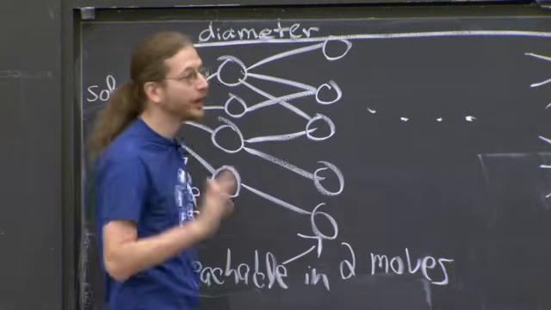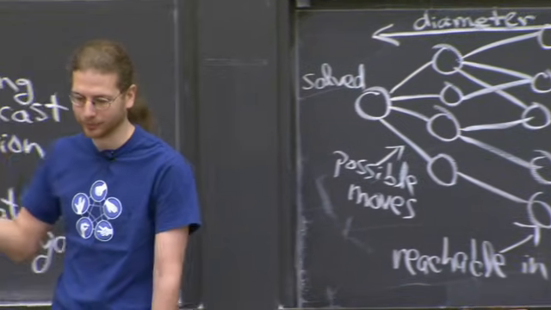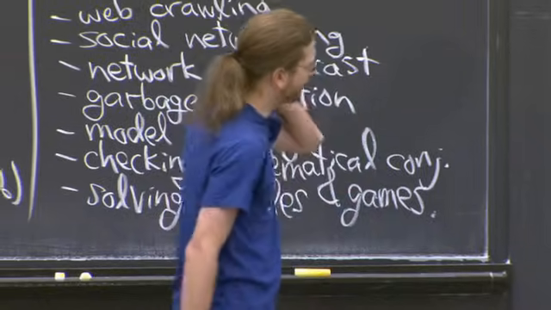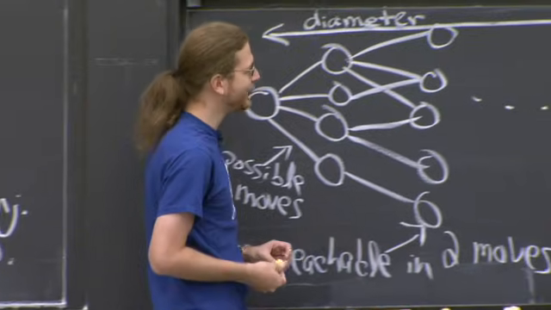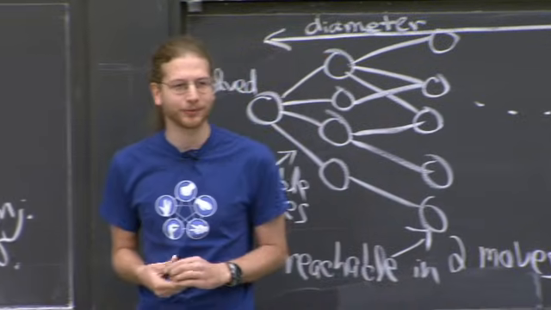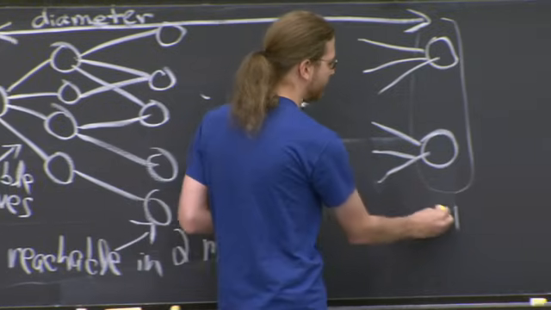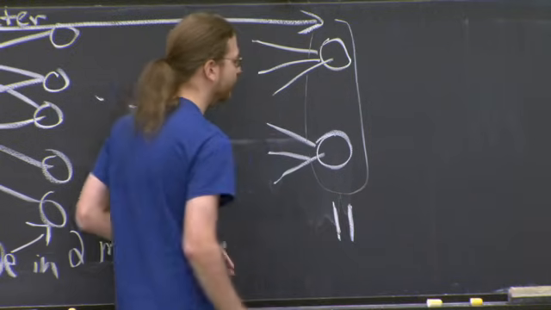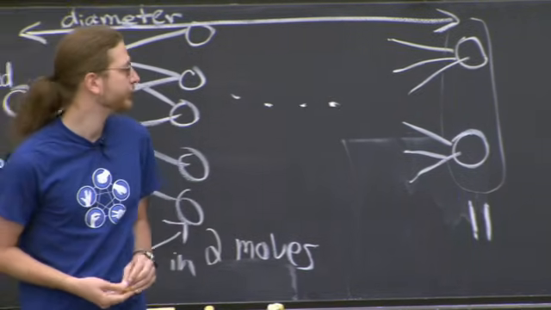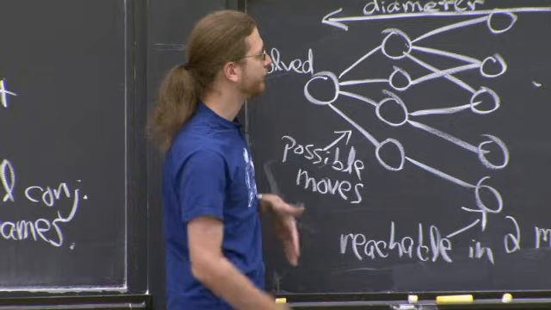Puzzlers call it God's number. If you were God or some omni-something being, you have the optimal algorithm for solving the Rubik's Cube. How many moves do you need if you always follow the best path? And the answer is, in the worst case, 11. So we're interested in the worst case of the best algorithm.